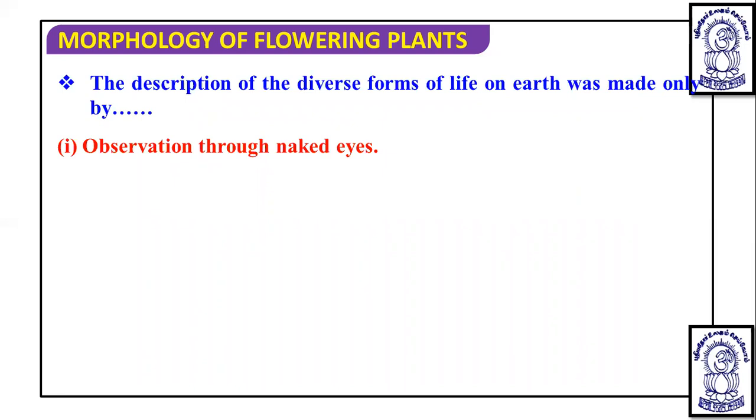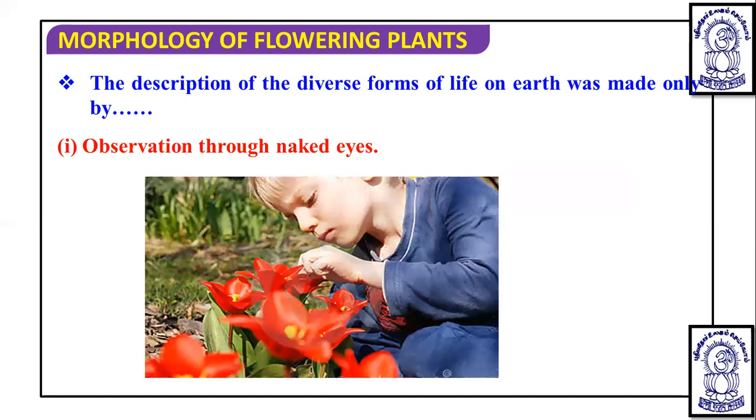Approximately 1.7 to 1.8 million organisms have been described. Different species have been described in detail, and all this was made only by observation through the naked eyes. You can see the child observing the floral characters.